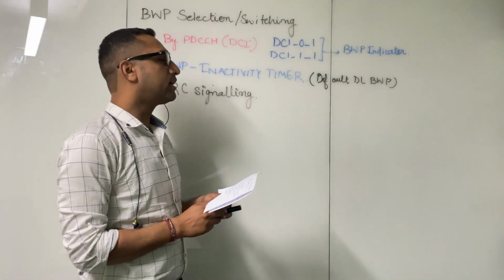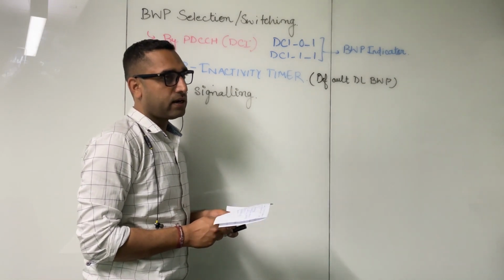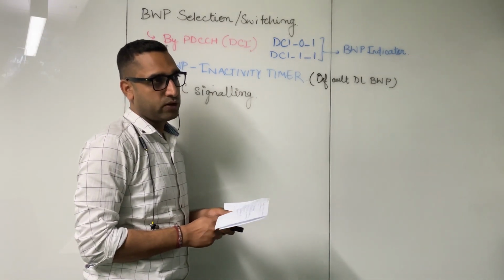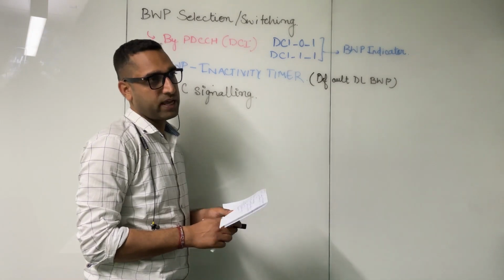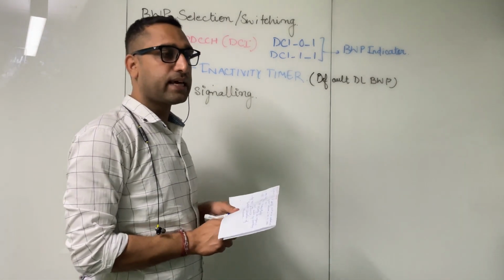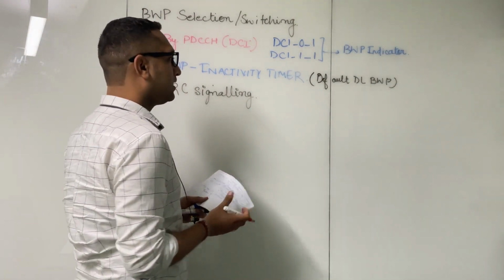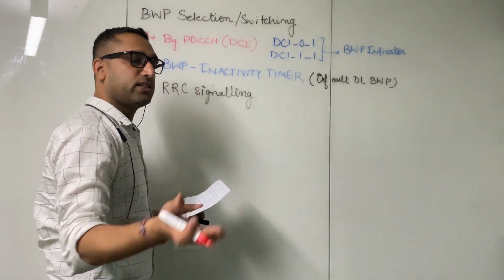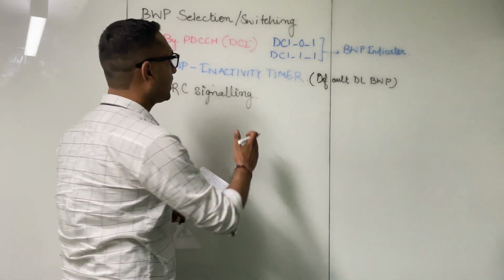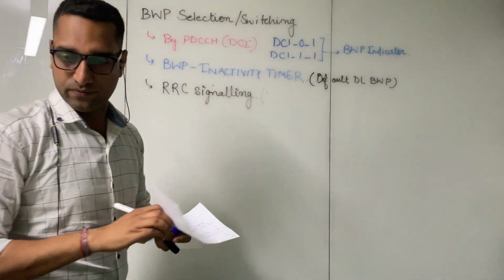RRC setup was providing a BWP ID, and upon completion of the RRC reconfiguration procedure, the UE is supposed to switch there. But at any given point of time, RRC can send an RRC reconfiguration to a UE and say, okay, you have to switch the BWP.